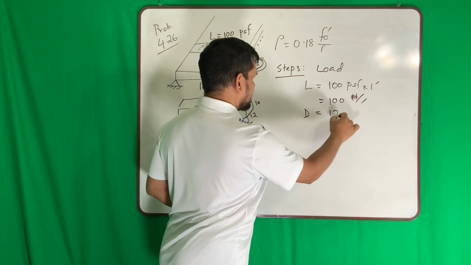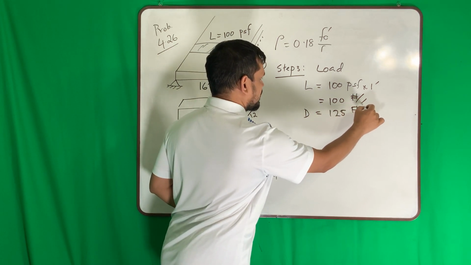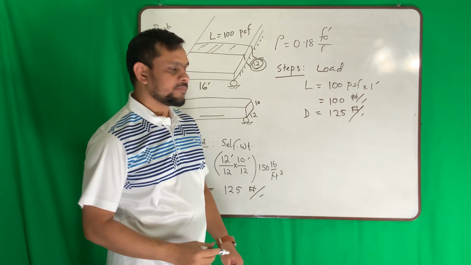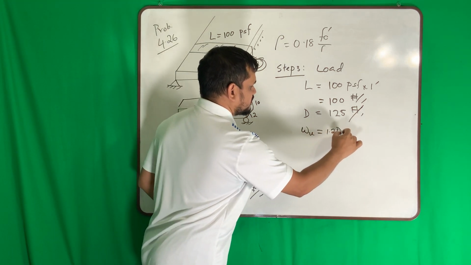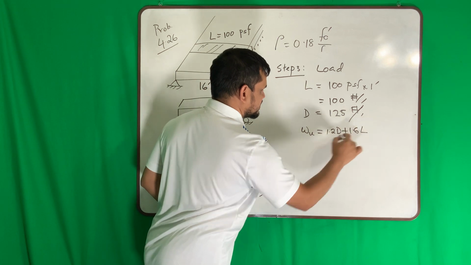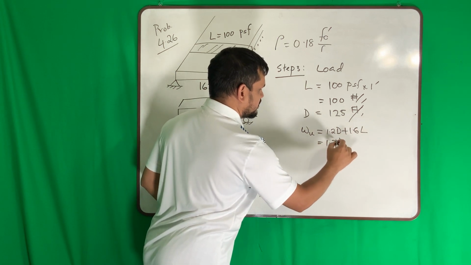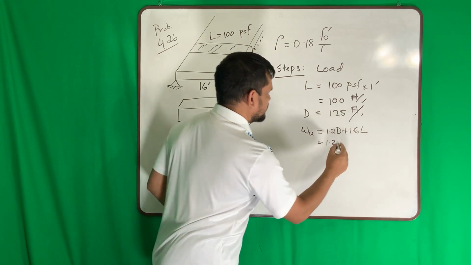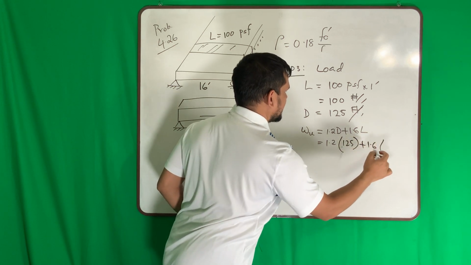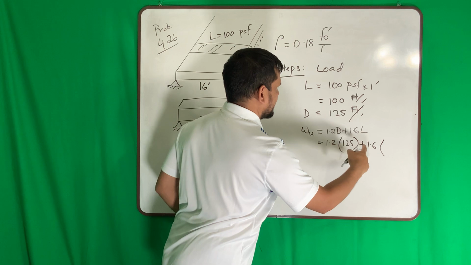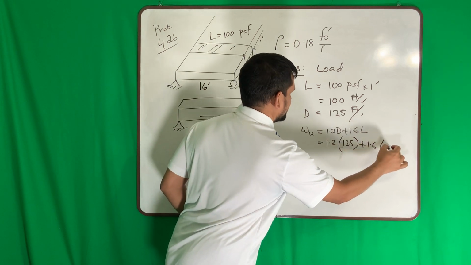Dead load I got 125 pound per feet. What is my uniformly distributed factored load? 1.2D plus 1.6L. So 1.2D is 125, 1.6L, where L means live load.